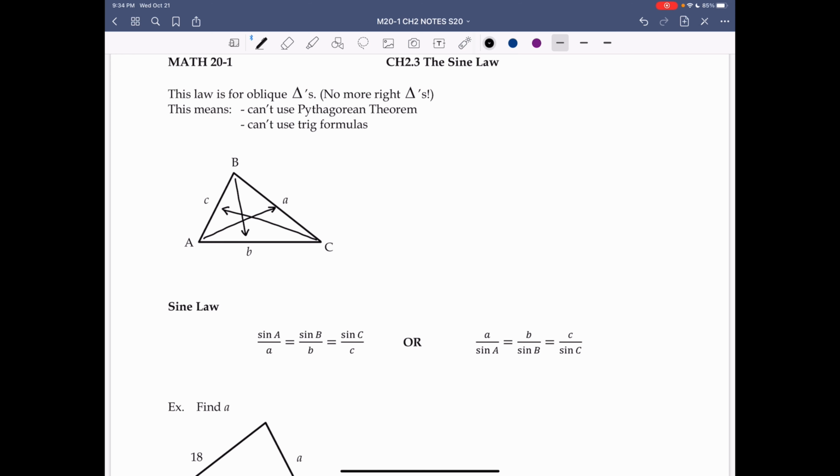Or we can flip that upside down, and then we have side a over sine of angle A is equal to side b over sine of angle B, which is also equal to side c over sine of angle C. So the ratio of sine of an angle over the side across from it is equal for each of the side angle pairs in a triangle.